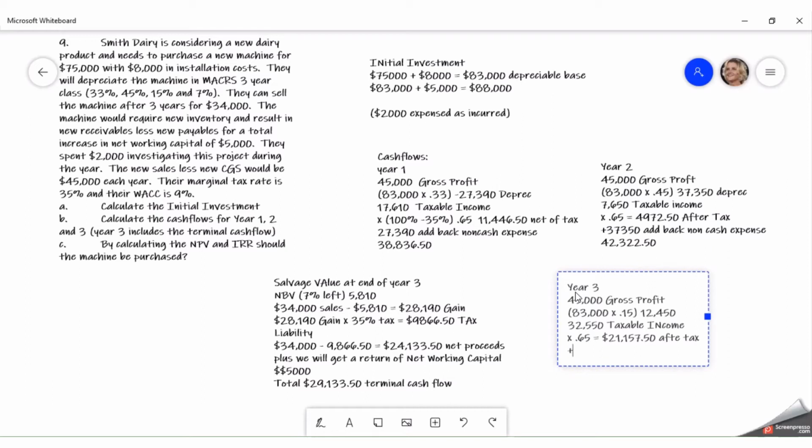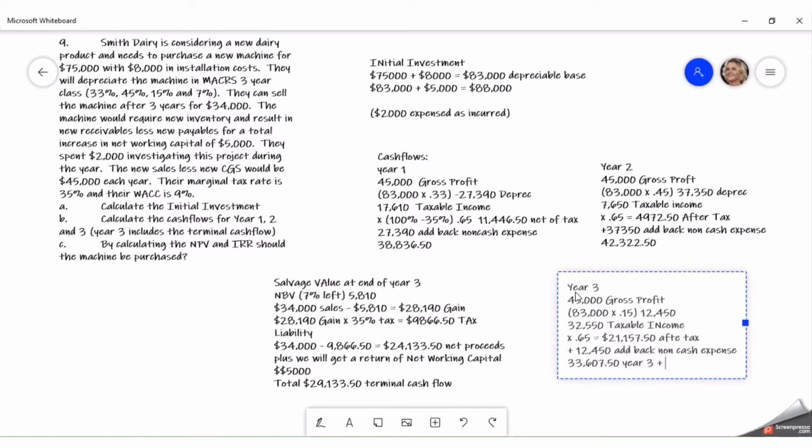And then we add back our depreciation, which is the $12,450, because it is a non-cash expense. So then $33,607.50 is our year 3 cash.